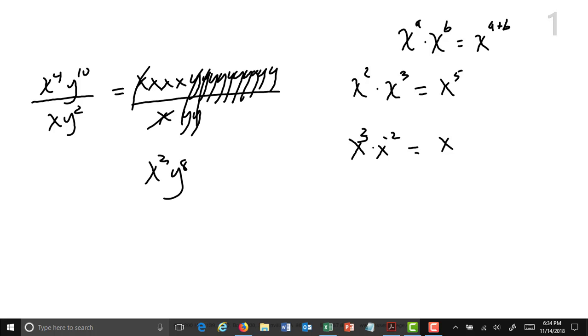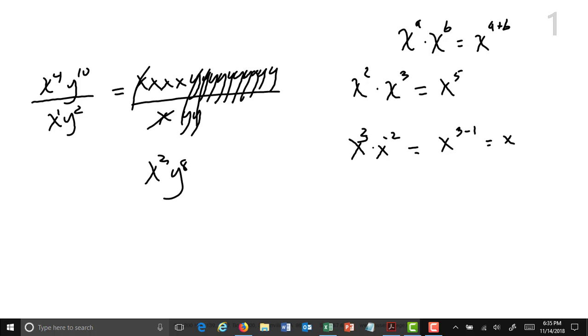It's 2 copies here, 3 copies, yes? So this would be equal to x to the 3 minus 1, which is equal to just x to the 1 power, right? What I'm telling you here is that you can manipulate these guys up and down, but the power changes sign.